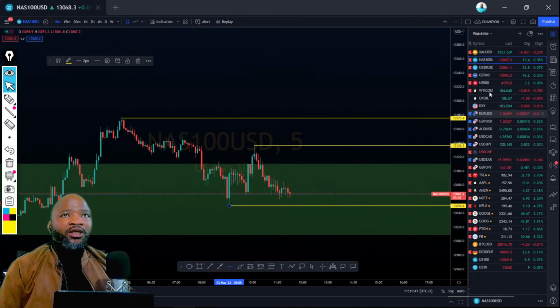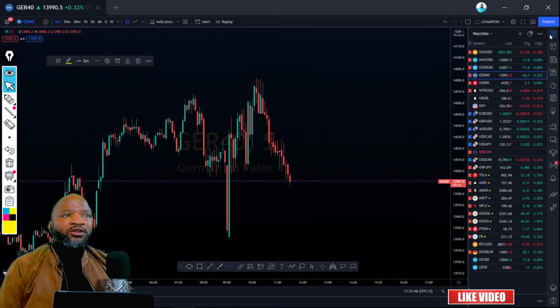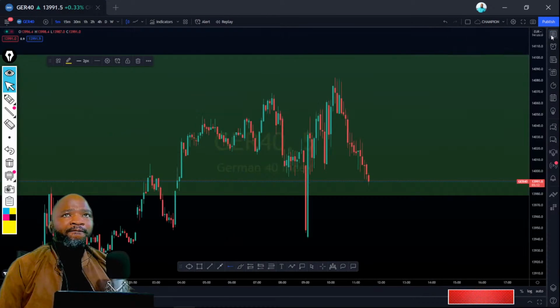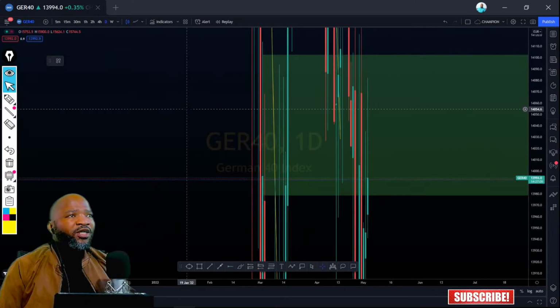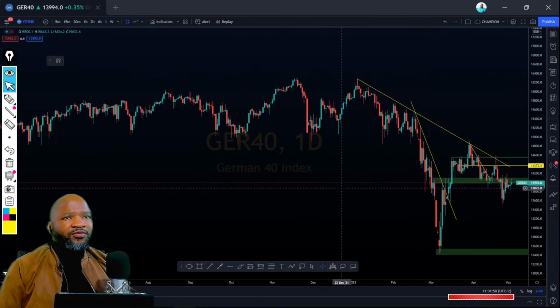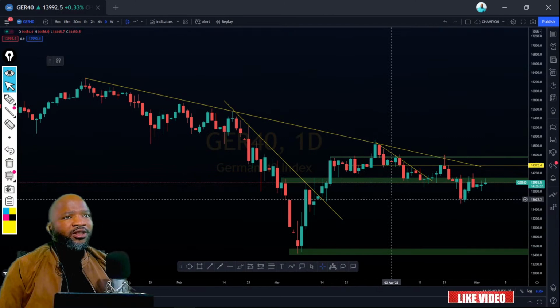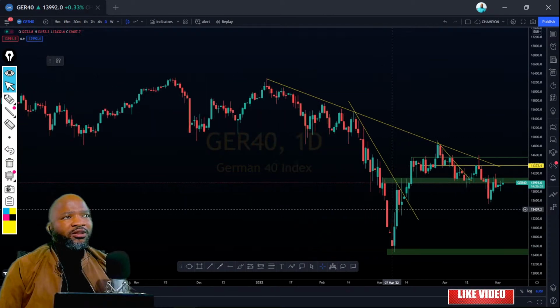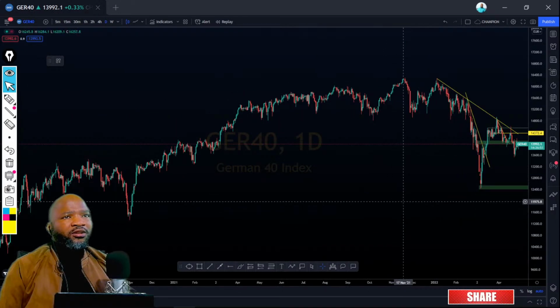We can check our German 40 and how things are going with them. Let's go to the bigger time frame. It's been a while since I've traded or made analysis of German 40. Let's see if there's any.